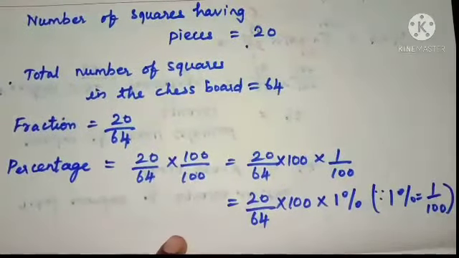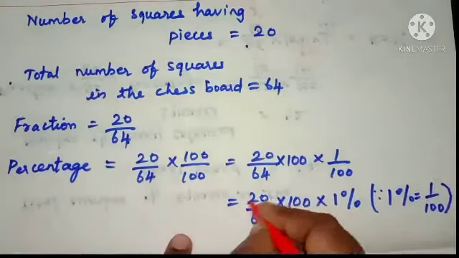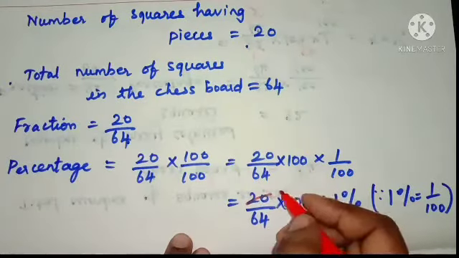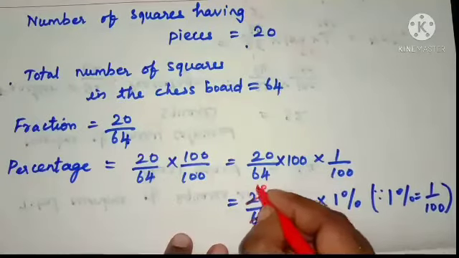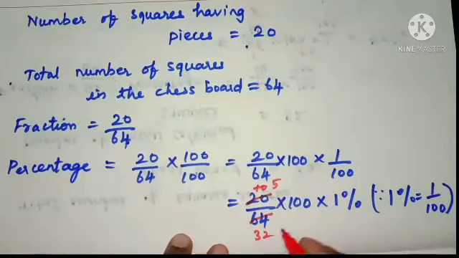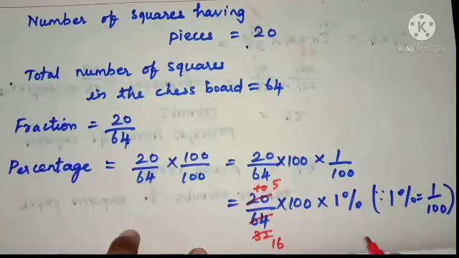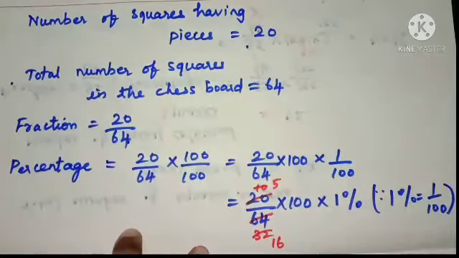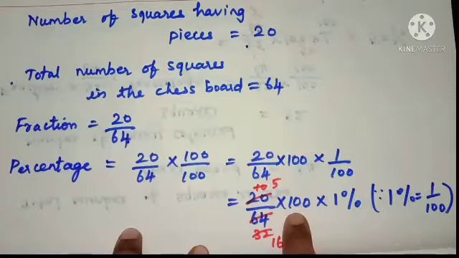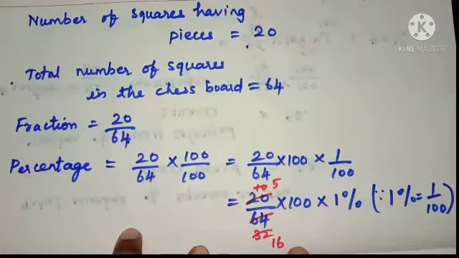And in the next step, let us cancel. So here when we take 2 table, it is 10 times, 32 times. And again when we cancel by 2 table, we get 16 and 5 in the numerator. Now children, we get 5 into 100 by 16.